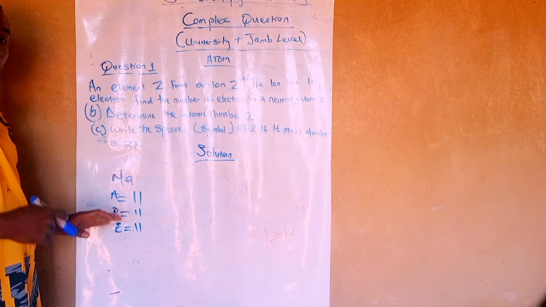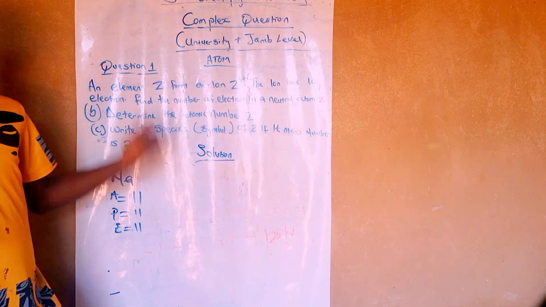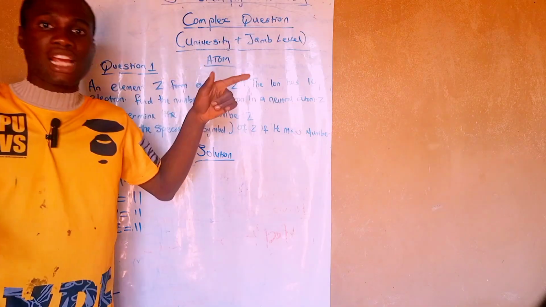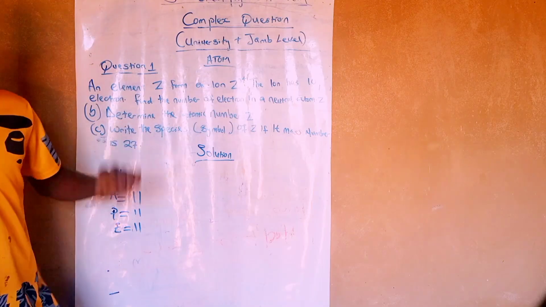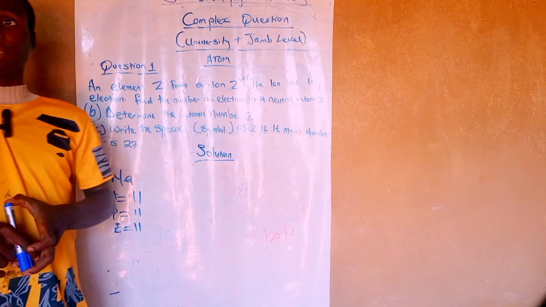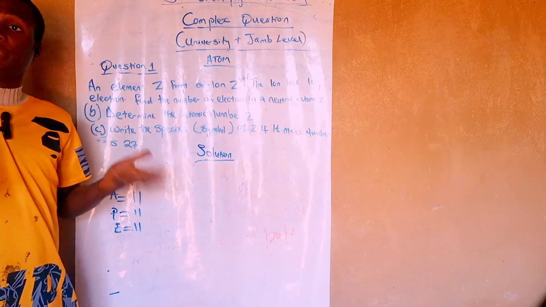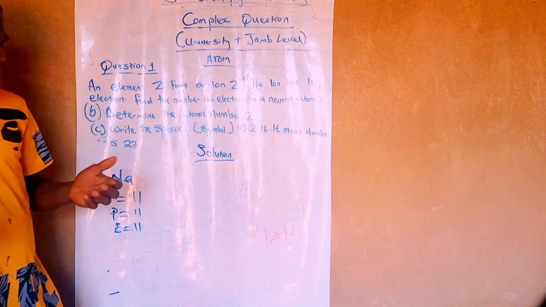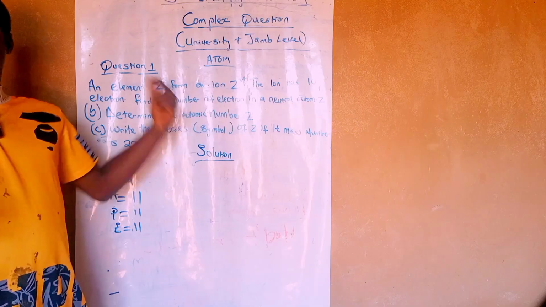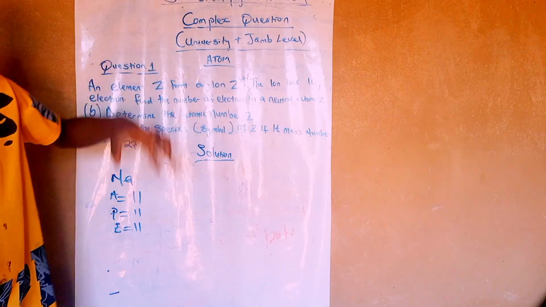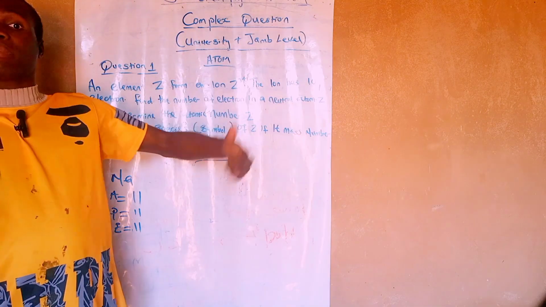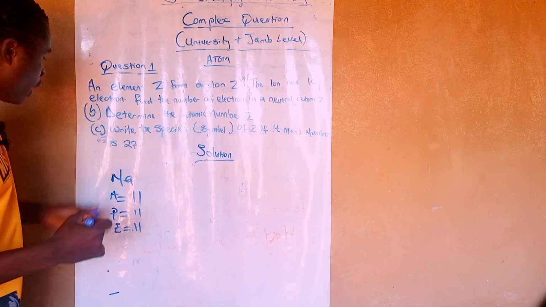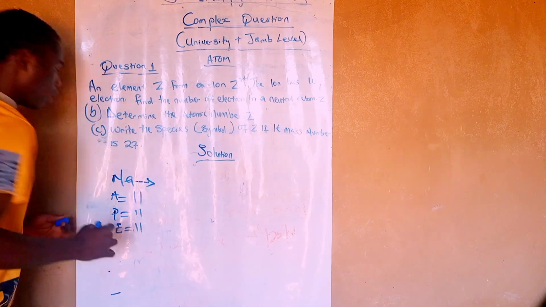So that's why atoms form ions, in order to achieve stability. What I mean by that is that the outer shell of that particular atom needs to be completely filled.